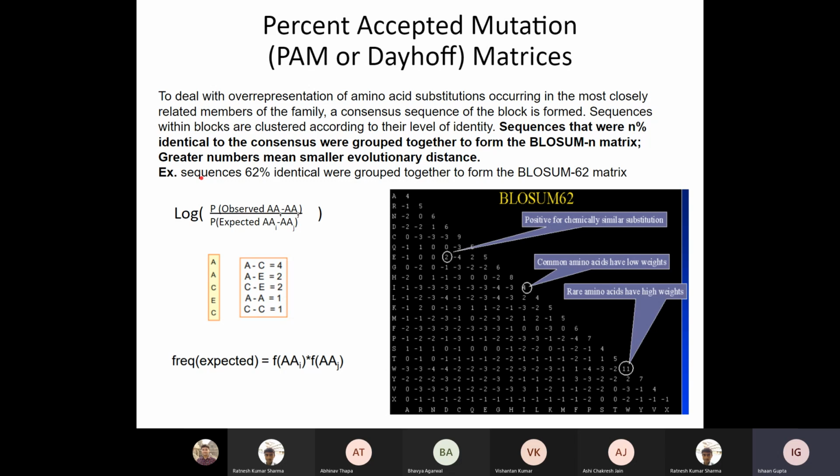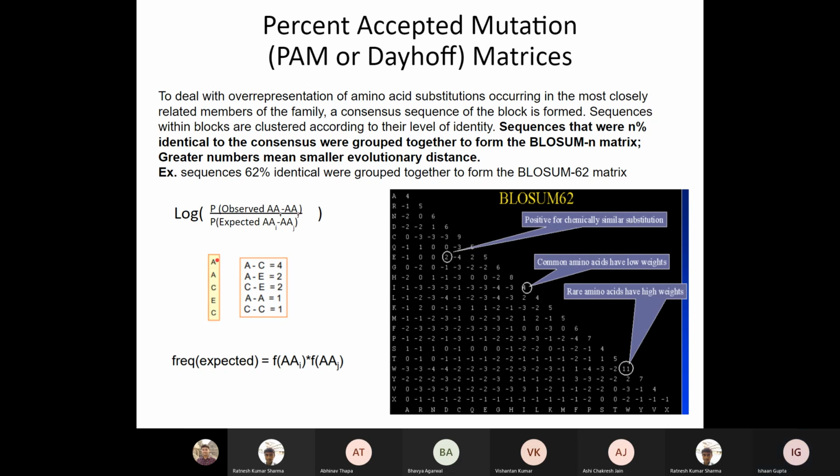So for example, a BLOSUM 62 matrix is going to come from an alignment of blocks where 62% identity to the consensus sequence is represented.